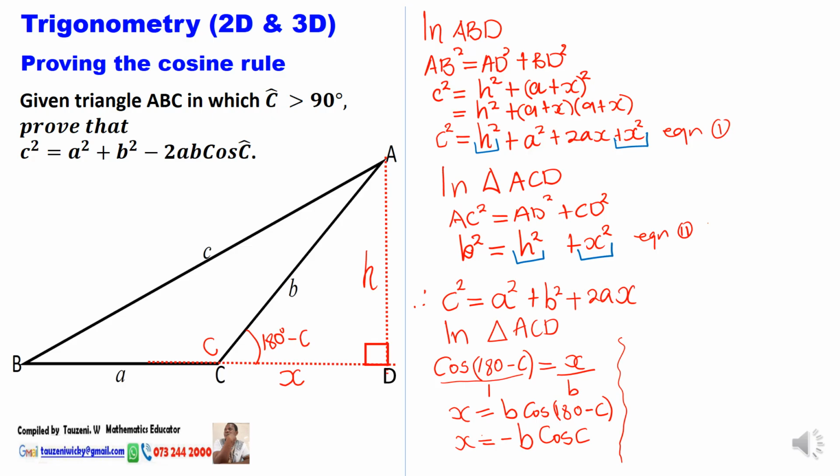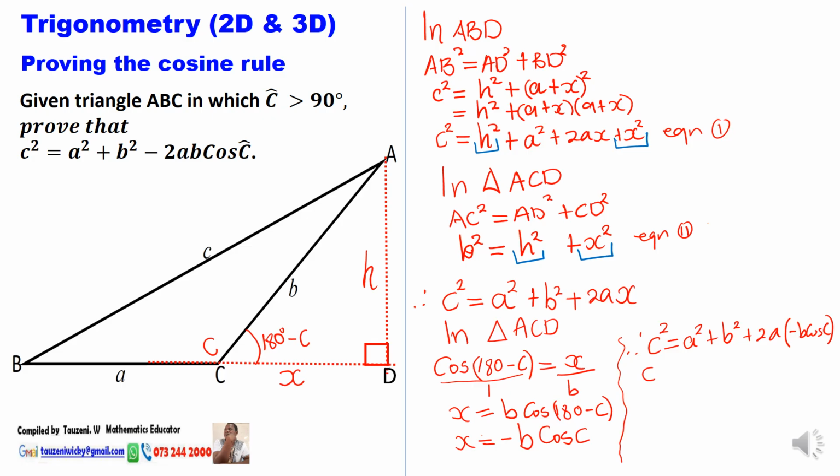Then we go back to our equation and say, therefore, the value of c squared is equal to a squared plus b squared, then plus 2ax. And in place of x, we're going to substitute with minus b times cos c, because x is equal to negative b cos c.